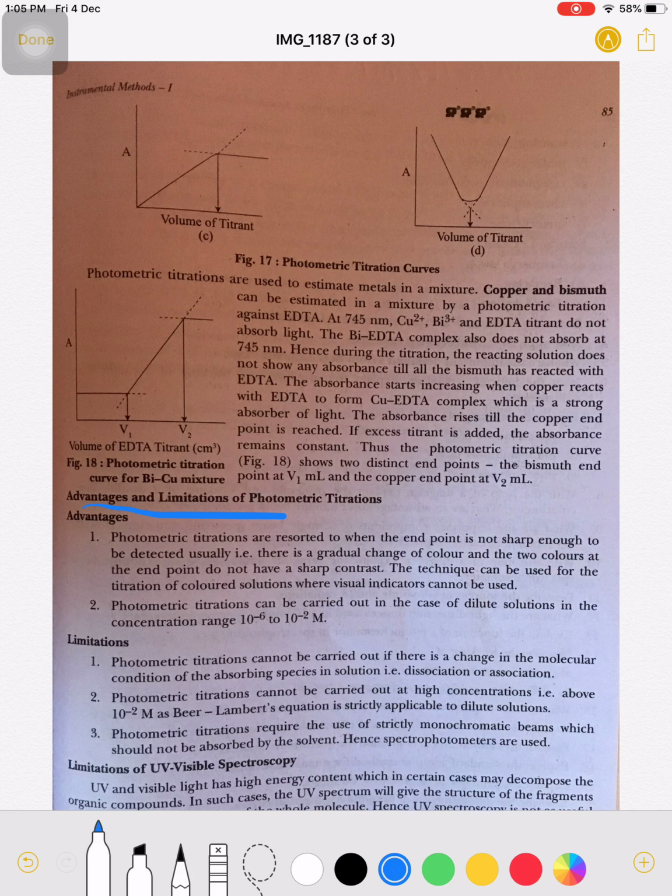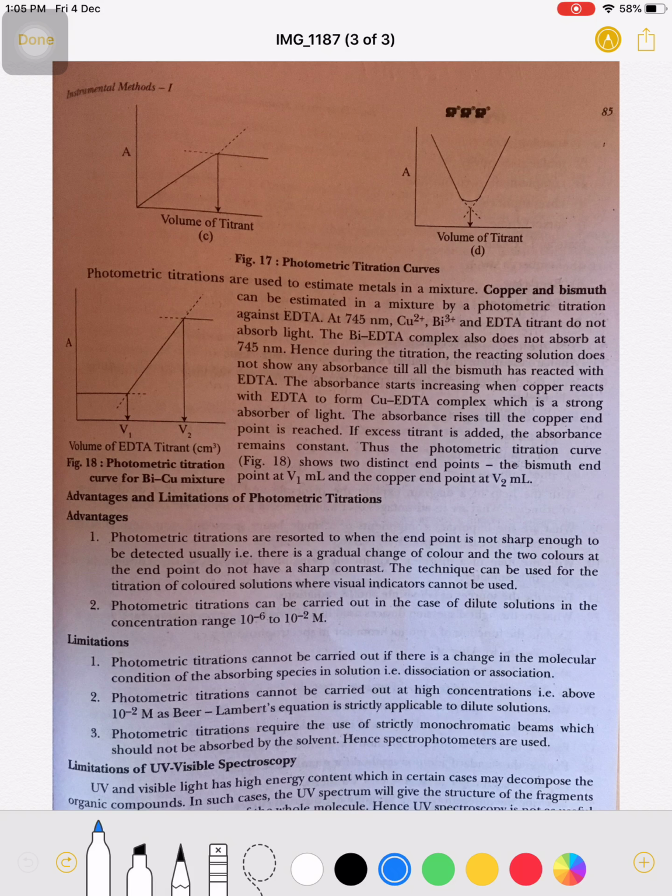The technique can be used for the titration of colored solutions where visual indicators cannot be used. In normal titration we use a visual indicator, but photometric titration is used for colored solutions and does not need a visual indicator.